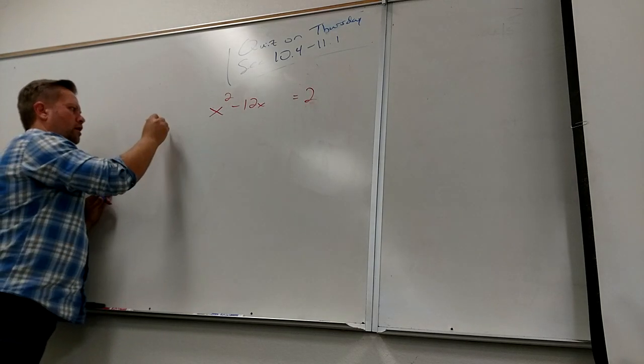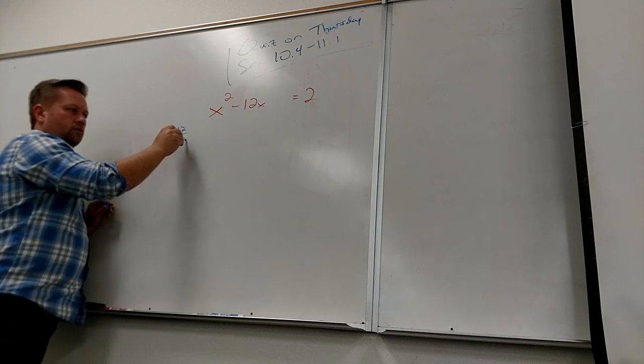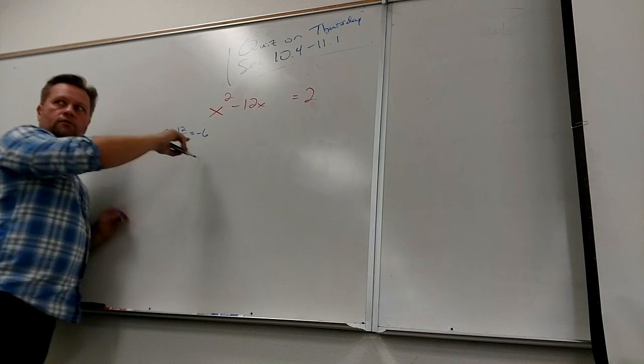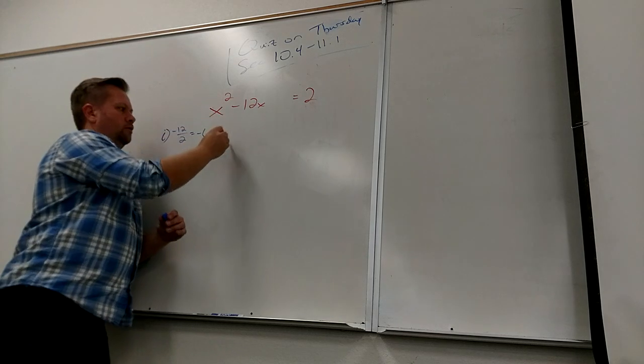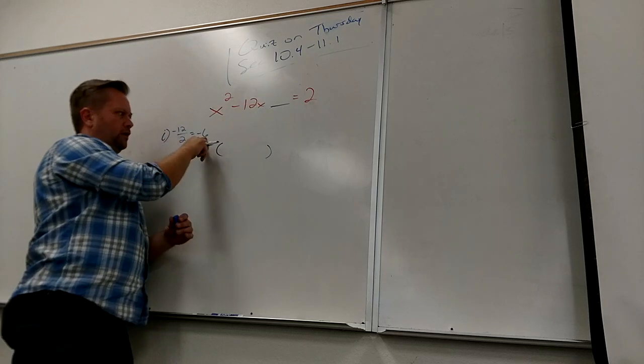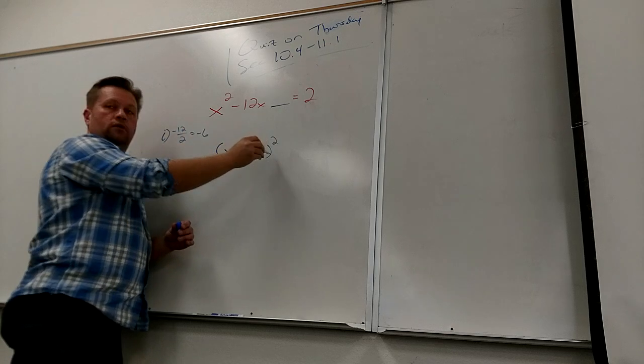First thing you do is divide -12 by 2. That's -6. And that tells you what? The thing we put in parentheses. This is going to eventually factor to be x, -6 in this case, squared.